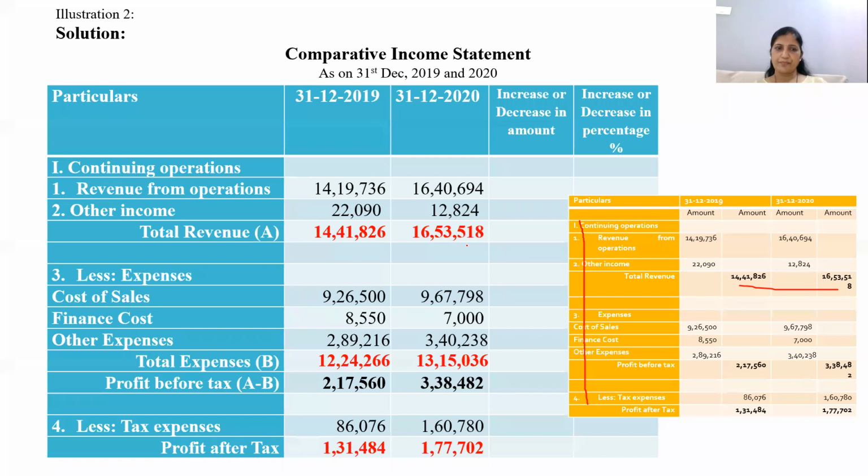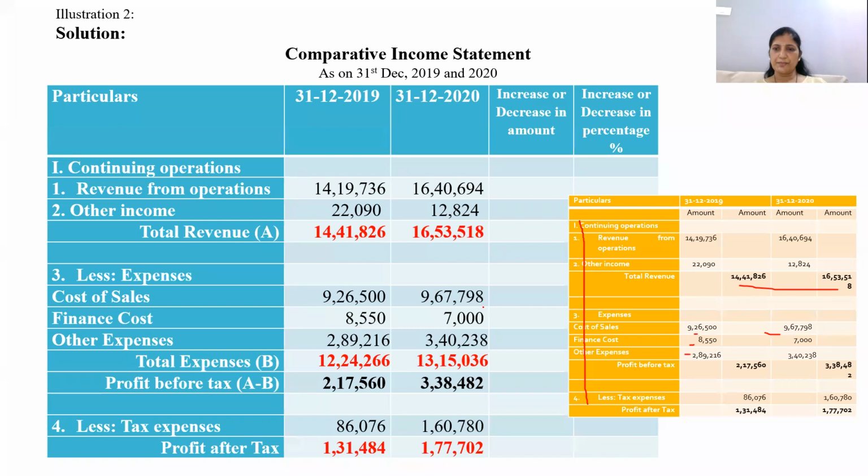16 lakhs 53,518. Next, cost of sales 9 lakhs 26,500. It is given here. Next, finance cost 8,550 I have taken. Other expenses 2 lakhs 89,216. It is given here. I have taken as it is. Similarly, in 2020, cost of sales is 9,67,798.